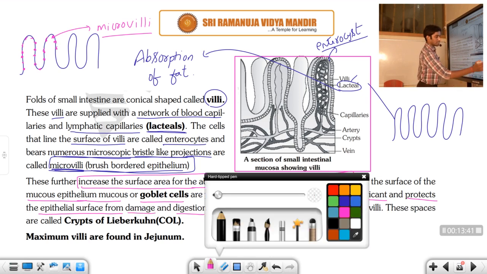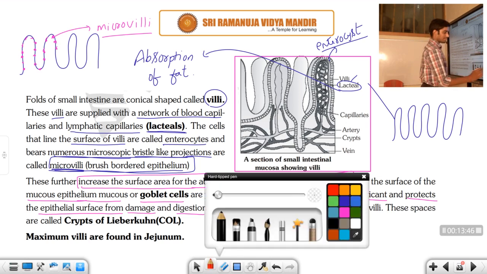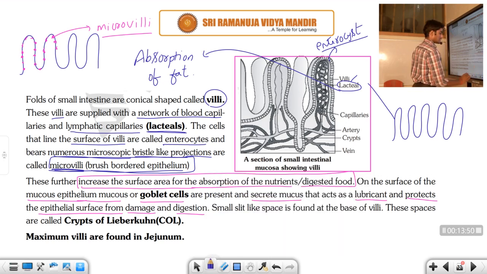Let us see one more point. I will change the color to blue, and now to green. One more important point: goblet cells are also present in between the microvilli. This green part is the goblet cell.